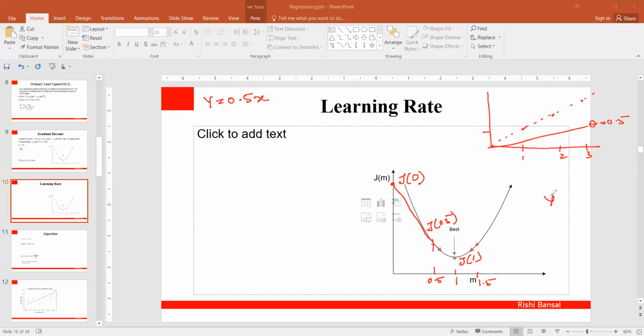It is nothing but your y and x. Y is your J of m, and x is your m. That's the only difference. You may feel uneasy because of m and J, so don't get confused here.